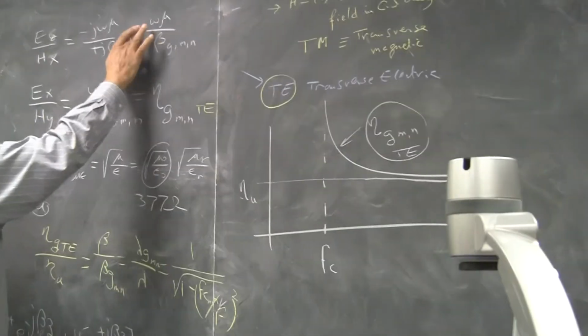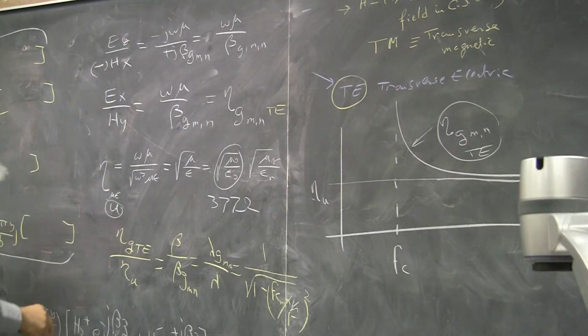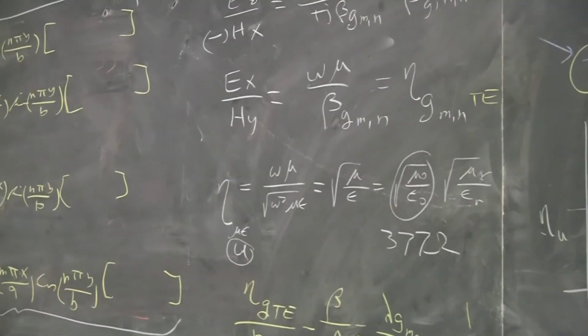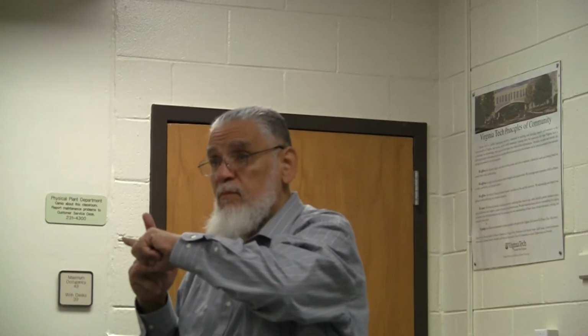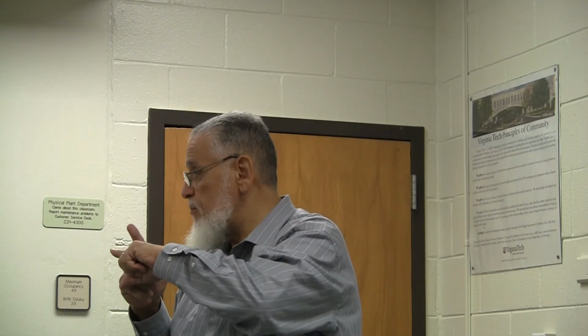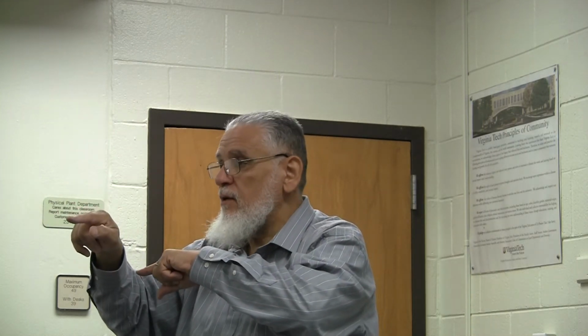How about if I take the minus sign from here and put it here? Would that be okay? Well, the thing is, you have to look at your wave in the direction of propagation, right? To form a right-hand system, right? E cross H gives you propagation that way, and that's how you see the impedance, right?